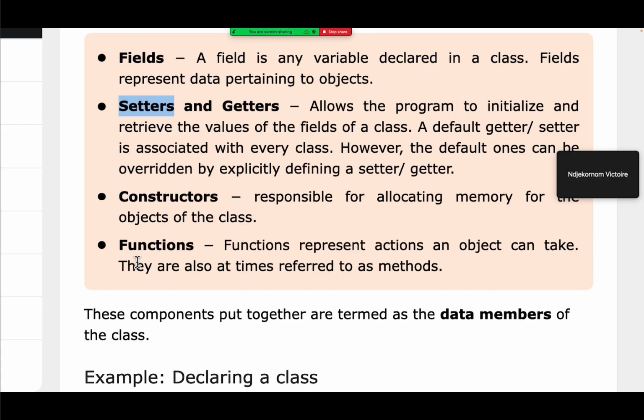Then lastly, we have functions. Sometimes we call them methods. Functions are created within the class, and we use them to do operations that are meant for that particular class. For example, you can create a class called person.